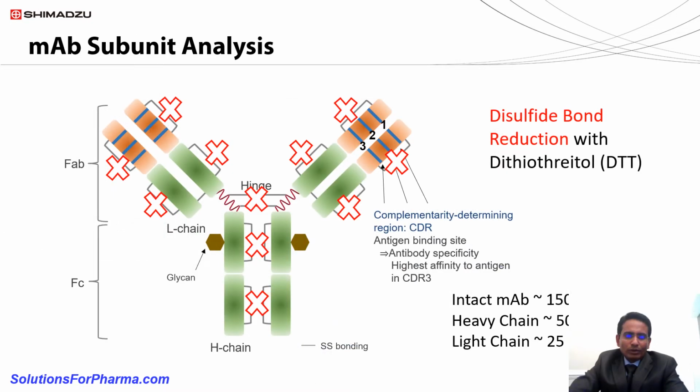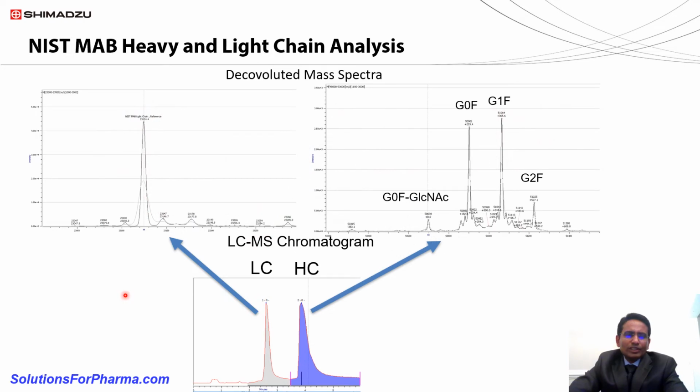We also performed mAb subunit analysis. To do that, we reduce the mAb using DTT. So DTT helps reduce disulfide bonds. After the reduction using DTT, we analyzed the NIST mAb. You can see the left panel is the light chain and the right panel is the heavy chain.